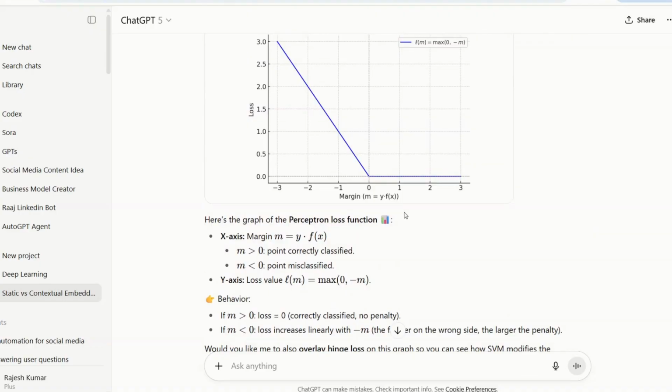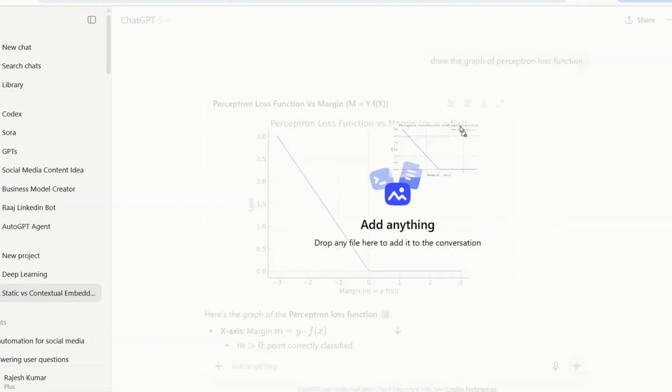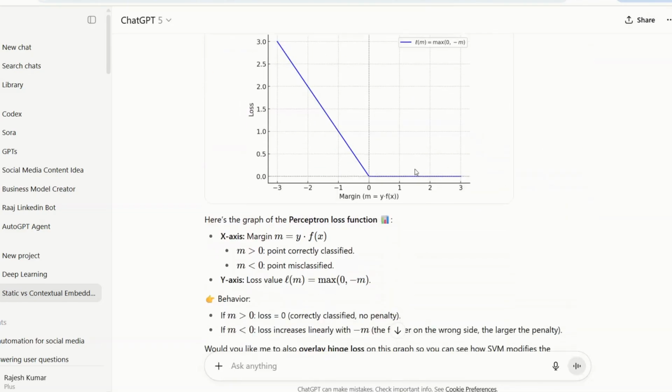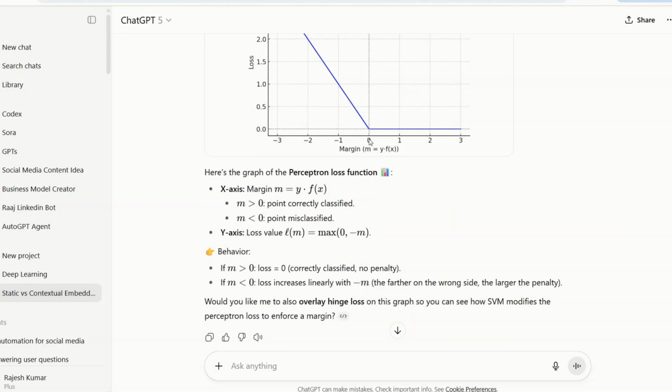You can see that this is y into fx. If y into fx is positive, just focus on these points: 0, 1, 2, 3.